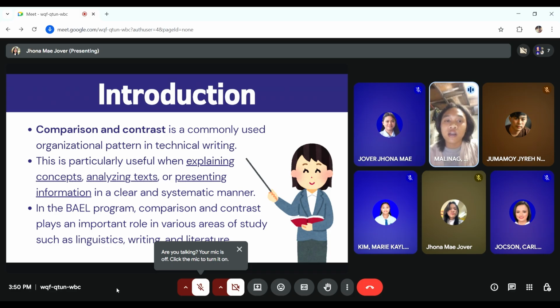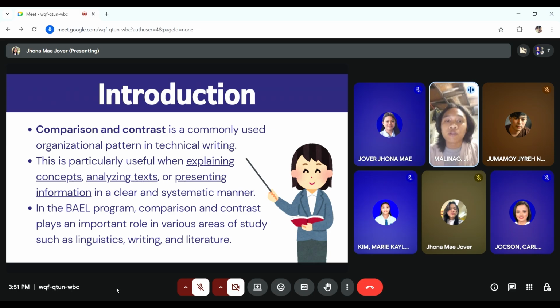This pattern is particularly useful when explaining concepts, analyzing text, and presenting information in a clear and systematic manner. It can help break down complex ideas by showing how they relate to something familiar, and it also allows writers to present a large amount of information in an organized and easy to follow structure.